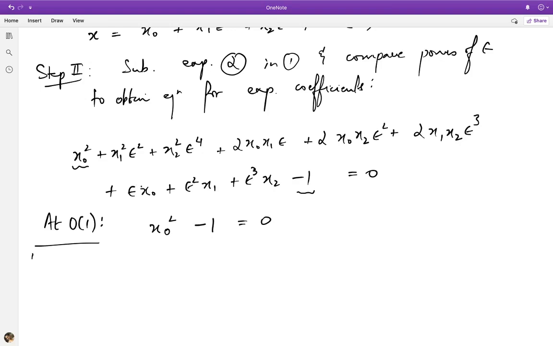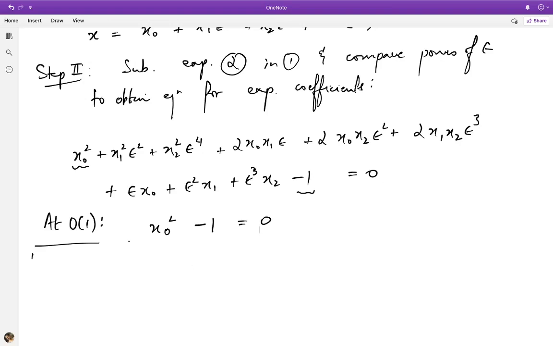Why? Because epsilon is an arbitrarily small number, 0.1, 0.001 or something, and all the terms that have epsilon will be of that order or smaller, which means that x naught square and 1 are so much larger than the other terms that there is no way the sum can be 0 unless those 2 terms balance each other out at their order.